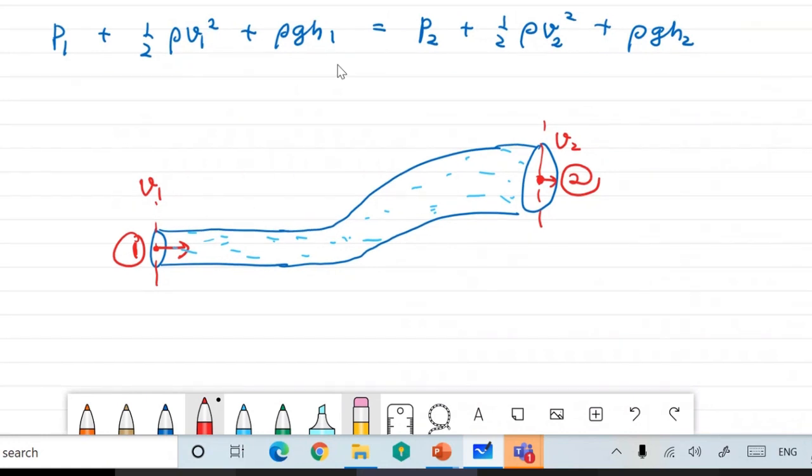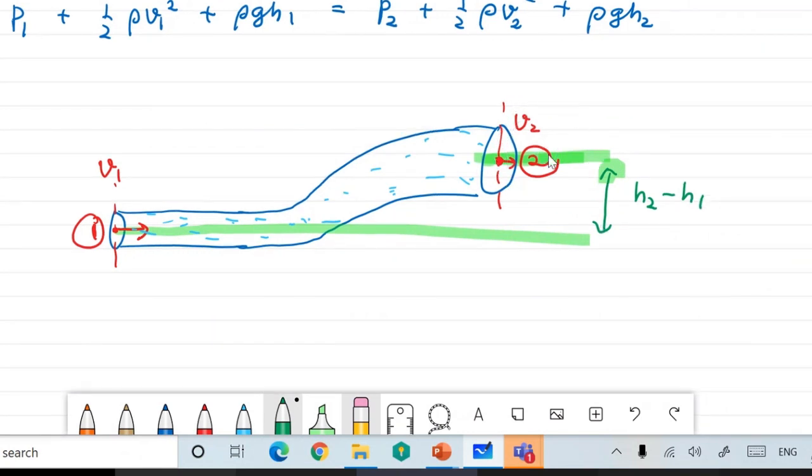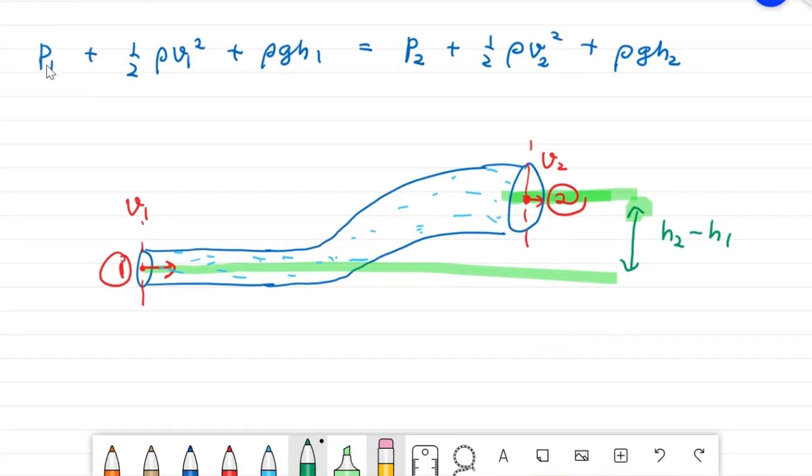H1 is the height, if you assume that this is your reference and this is another point. From here to here is H2 minus H1, the difference between the height of point 2 and point 1. And P means the pressure. So the pressure at point 1 is P1, and the pressure at point 2 is P2.